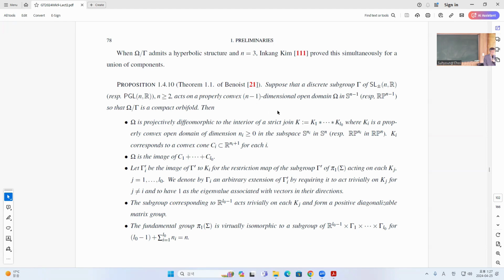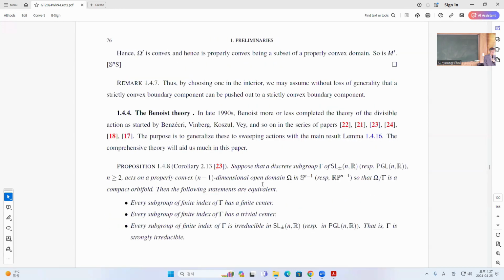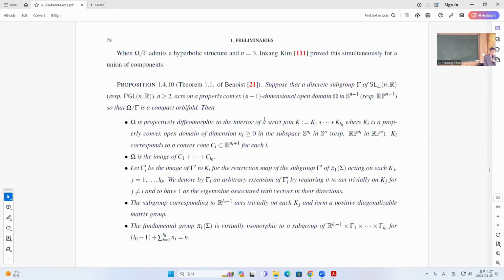So if you have an action on a properly convex domain, then, opposite to this case, when there is some center, you can write it as a strict join of properly convex open domains. I should say this is the interior of that, really.